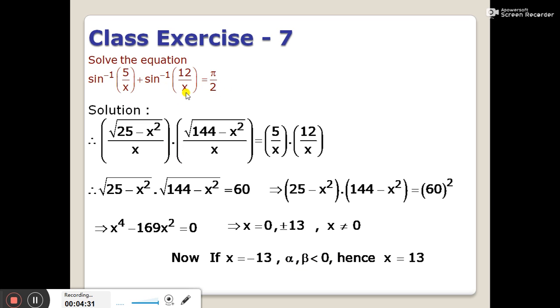It means minus 13 does not satisfy this trigonometric equation, and therefore it is not the solution. But if x is equal to 13, we substitute and get pi by 2, and therefore x is equal to 13 is the solution of this trigonometric equation.